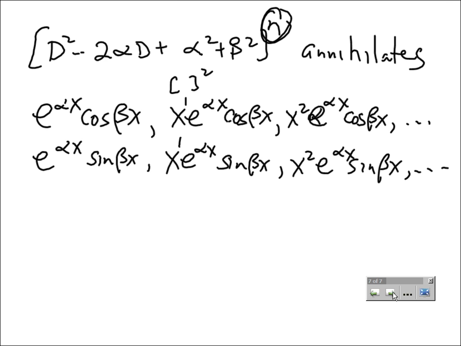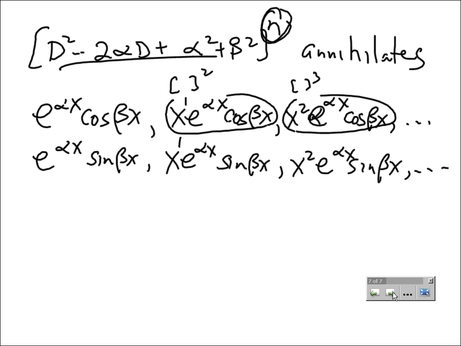What's in that bracket to the second power will annihilate this. What's in that bracket to the third power will annihilate this. Since there's an x to the 0 here, there's always one more. The power that you need in the annihilator is always one more than the power of x. When the power of x was 2, you needed to use 3.